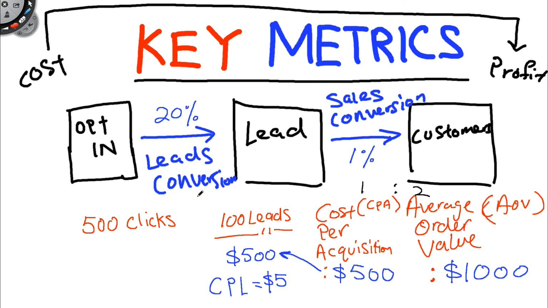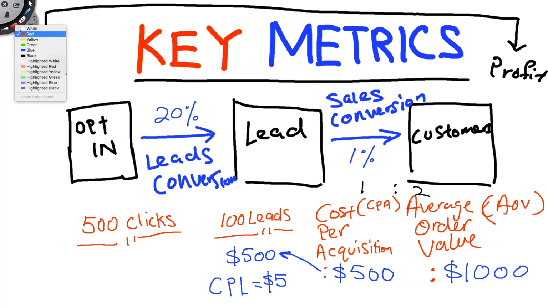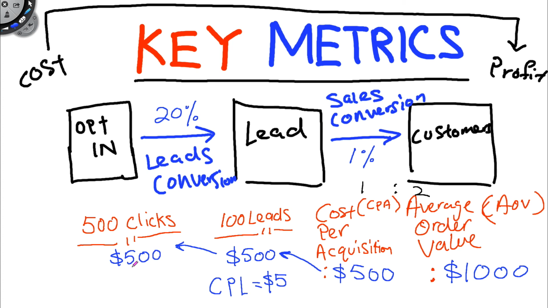Make sense? So what is the total cost that we can spend on these 500 clicks? Exactly the same thing as over here, $500, sorry, because essentially that is the same cost per acquisition. And the cost per click that I can afford up to in this campaign will be $1.